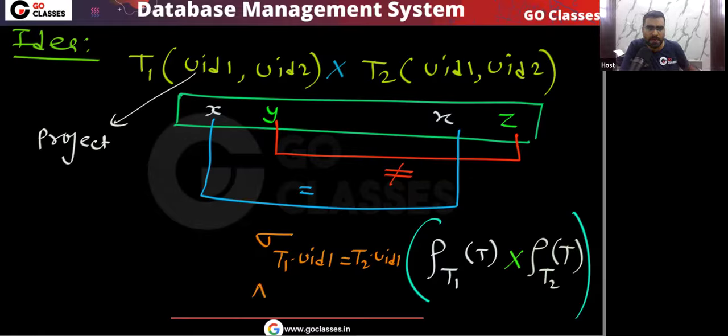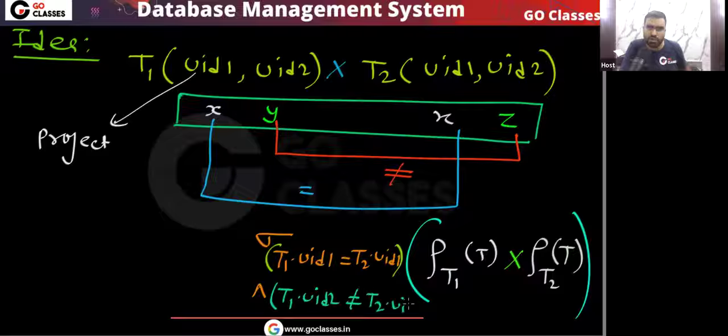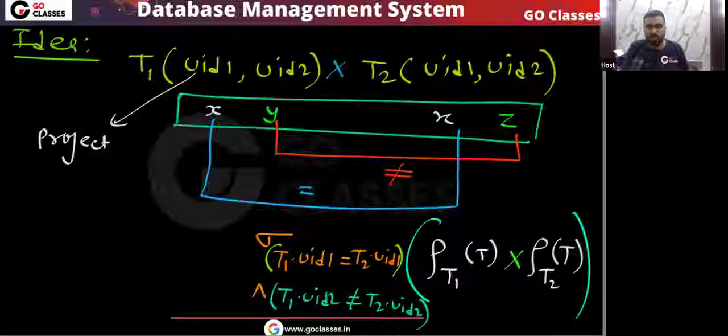Is this clear so far? Please tell me. So this is one condition. I want this UID1 equal to this UID1, and T1 dot UID2 should be different from T2 dot UID2.